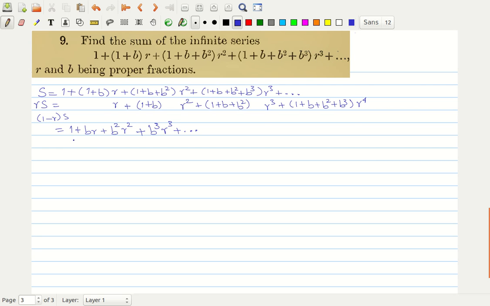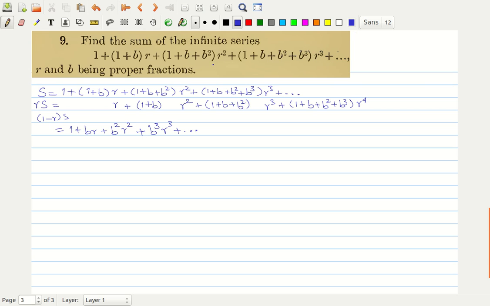So we see that on the right hand side we are getting a geometric progression with the first term as 1 and the common ratio is b times r. Now what is given about b and r? It is given that r and b are proper fractions. Okay, proper fractions are fractions where numerator is less than the denominator.